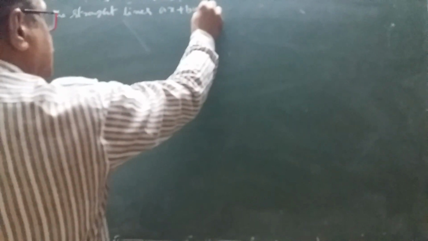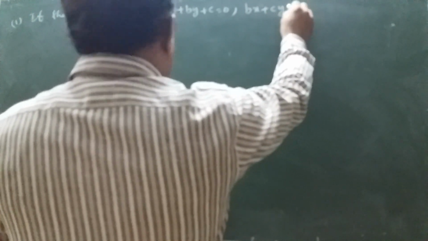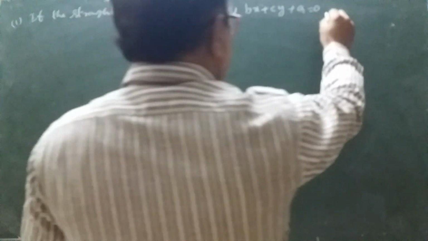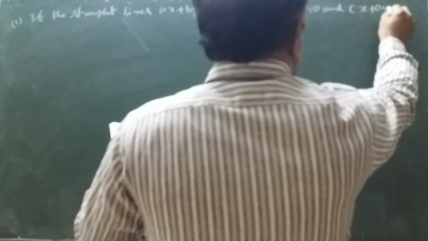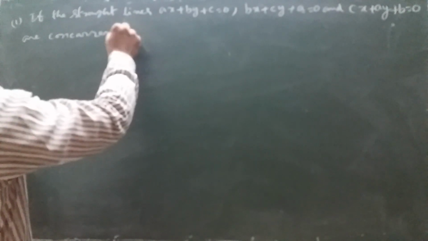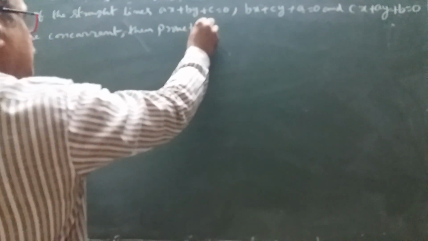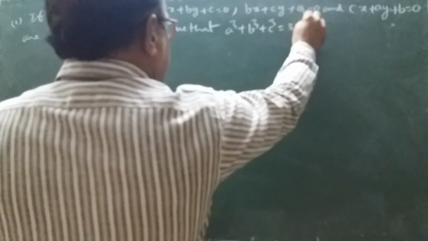Our problem is, if the straight lines ax plus by plus c is equal to 0, comma, bx plus cy plus a is equal to 0 and cx plus ay plus b is equal to 0 are concurrent, then prove that a cube plus b cube plus c cube is equal to 3abc.